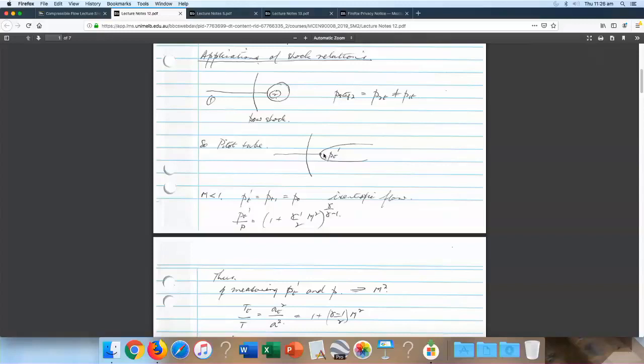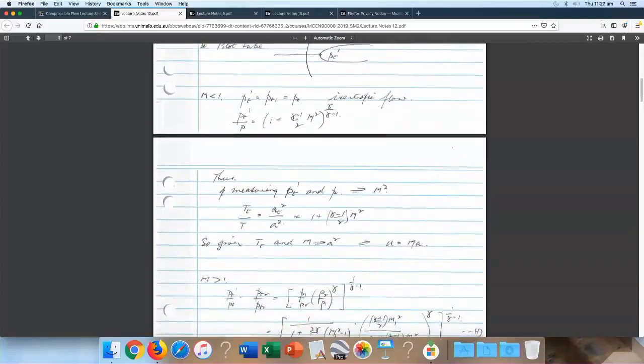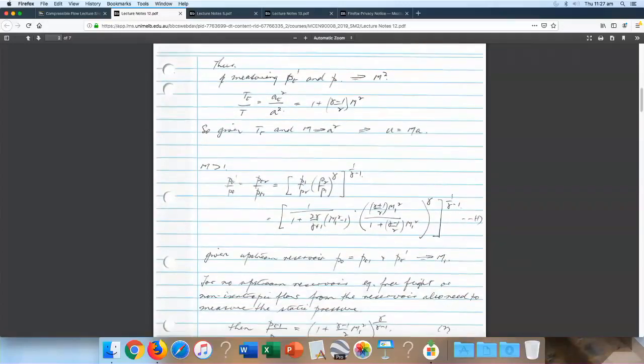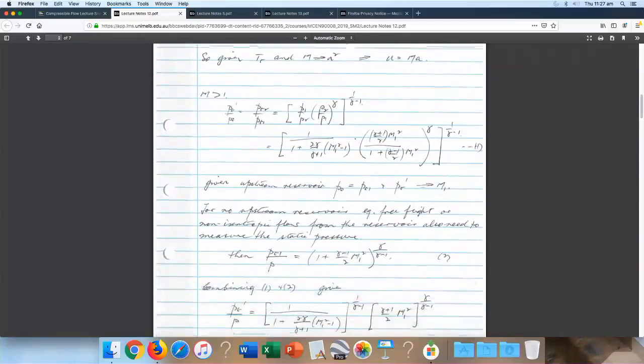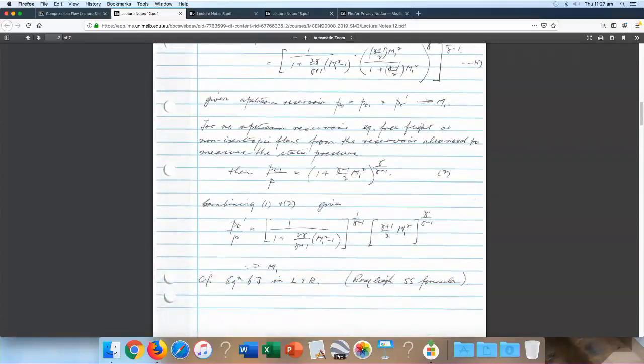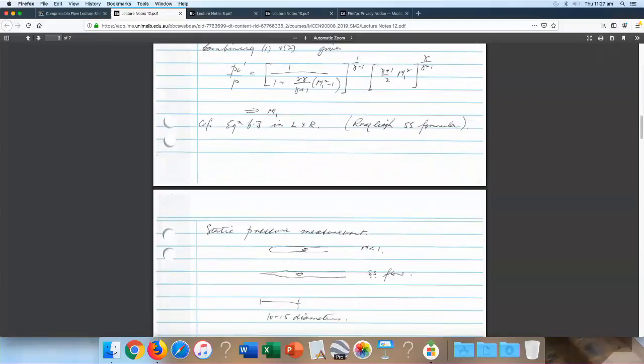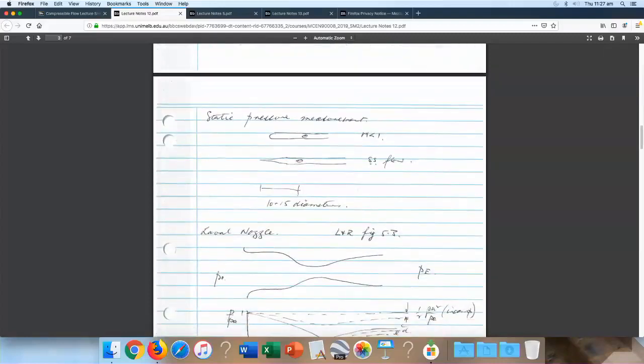For the subsonic, we don't need to measure a because it's the same. In subsonic flow, M less than 1, I have this kind of probe, and I can measure the total pressure and the static pressure.